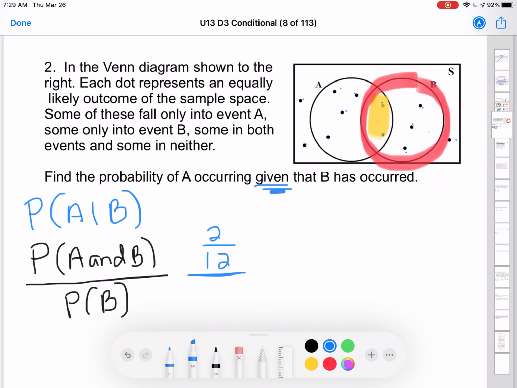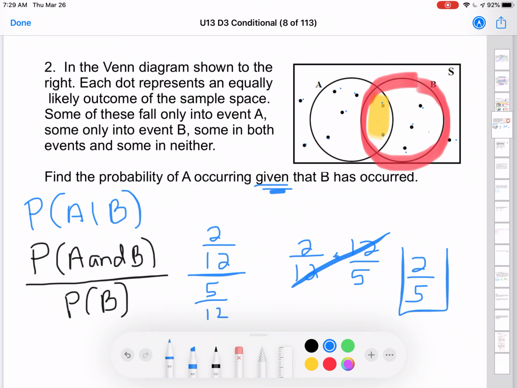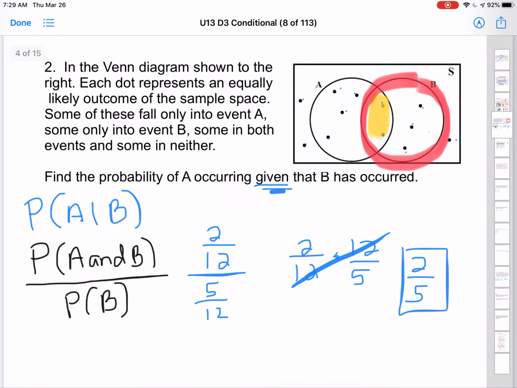I think we got 5 altogether, right? So 5 out of the whole thing, again, 12. And then here it is, top, bottom again, simplify your complex fraction. And you'll see this will happen every time for you. And we're left with 2/5. Okay, hopefully you like this. The conditional probability.